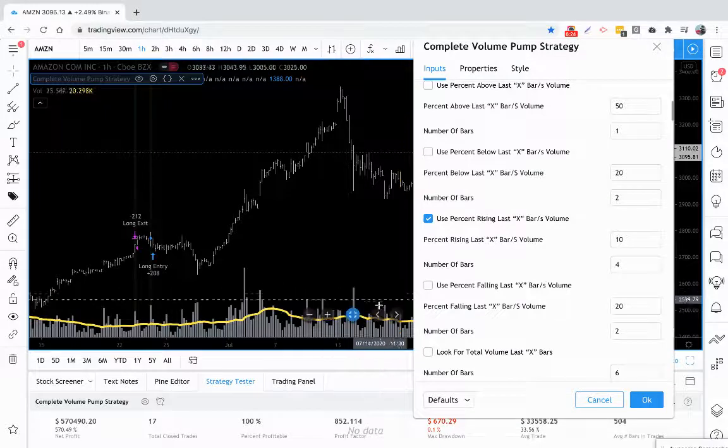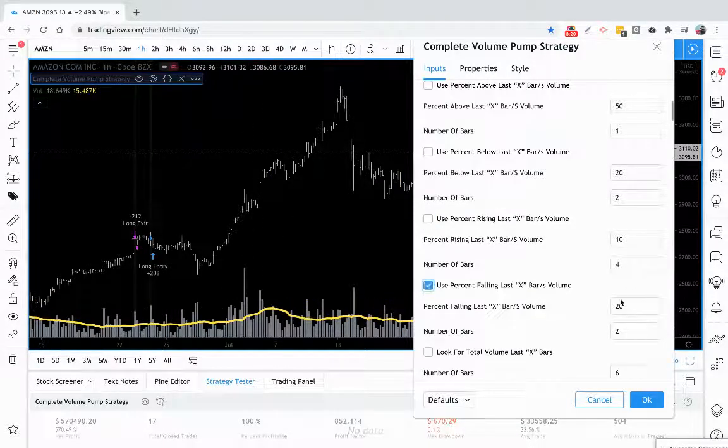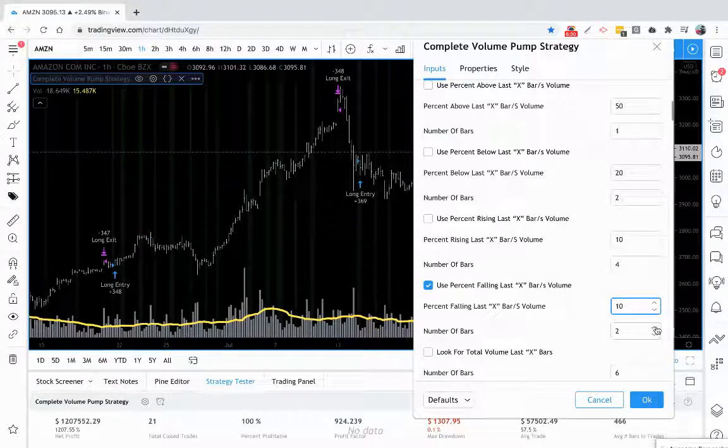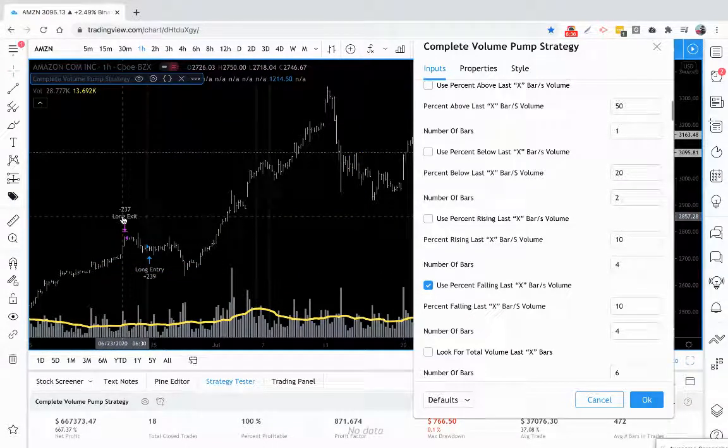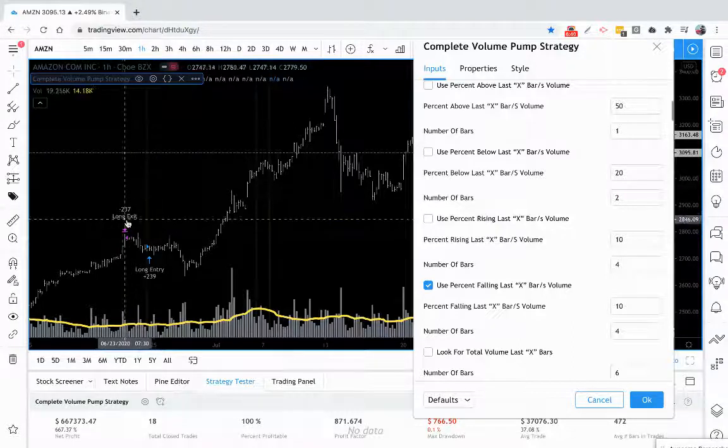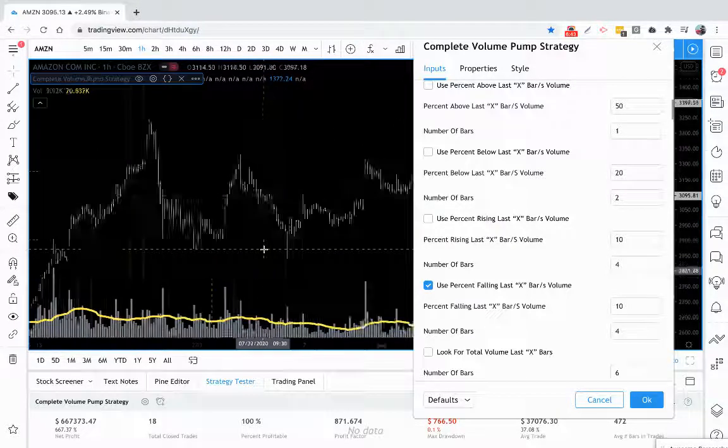You can do the opposite if you're looking for declining volume. Here we actually had declining volume, and that's why we entered right there.